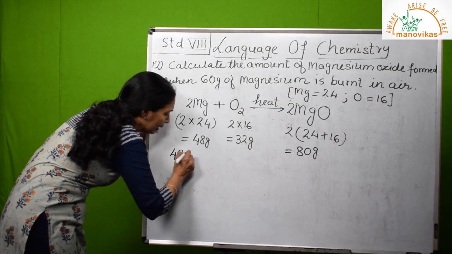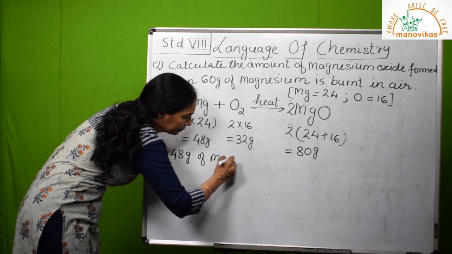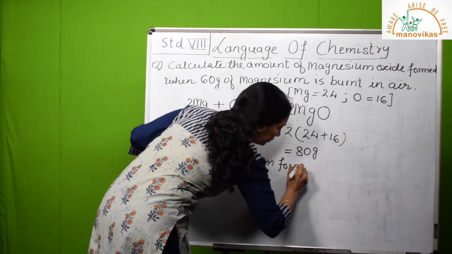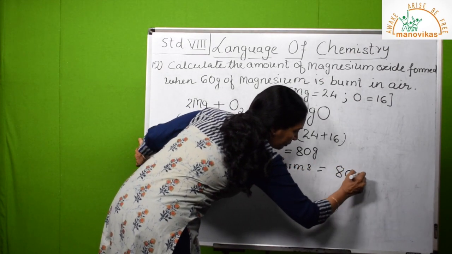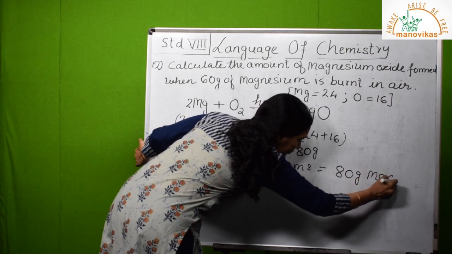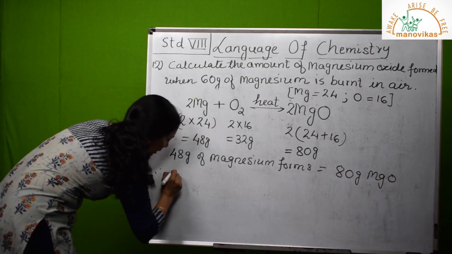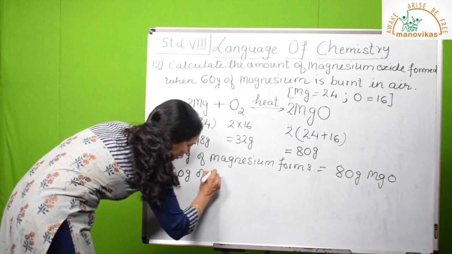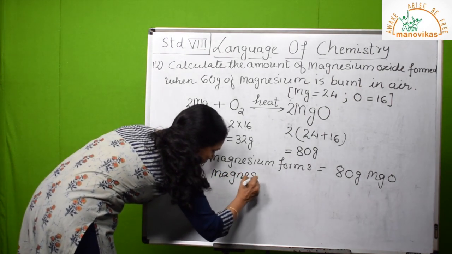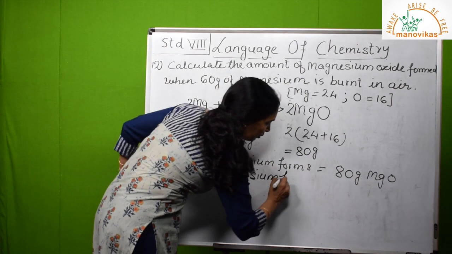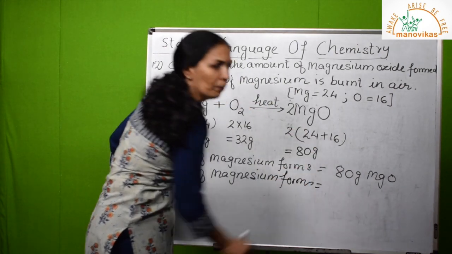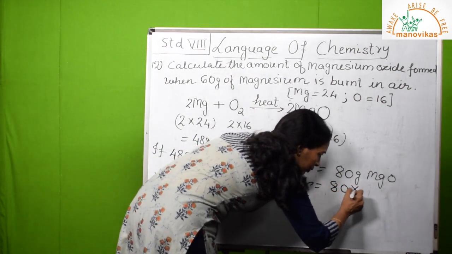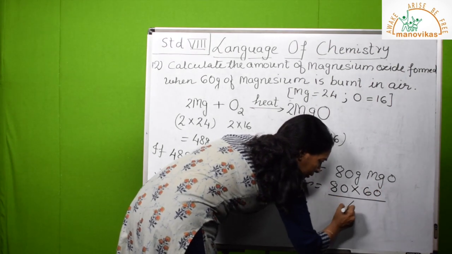When 48 grams of magnesium forms 80 grams of magnesium oxide, therefore 60 grams of magnesium forms how much magnesium oxide? So this is 80 into 60 divided by 48.